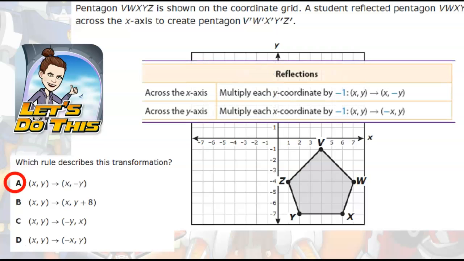All right, so we know we've talked twice already during this lesson that when we have a reflection across the y-axis, the x variable changes sign. So this question is asking what's going to happen when we reflect across the x-axis. And so when we reflect across the x-axis, our y-coordinate changes sign. The answer here is A.